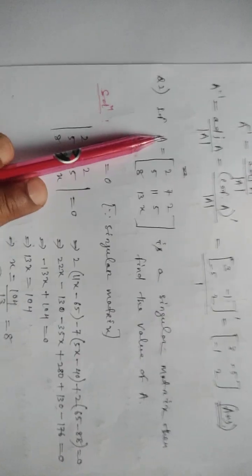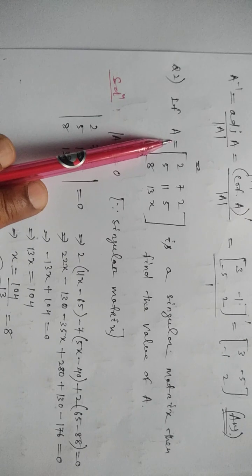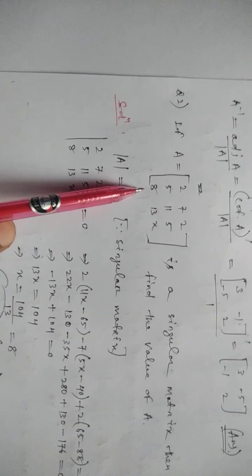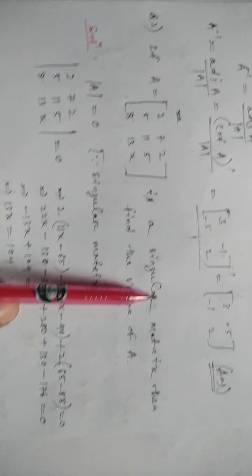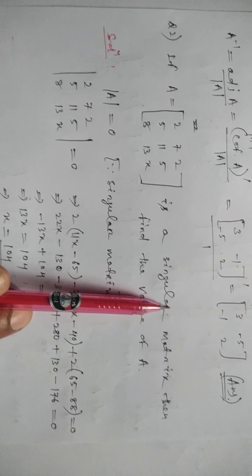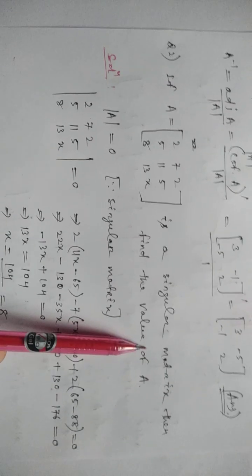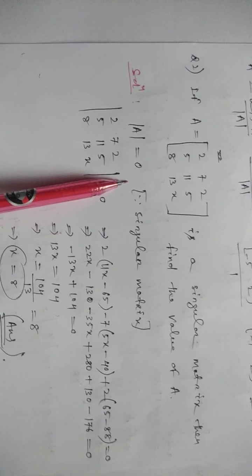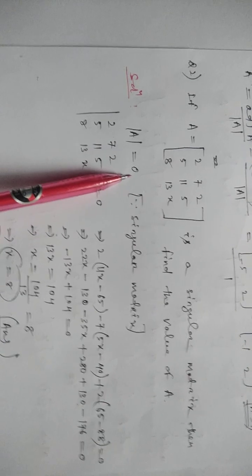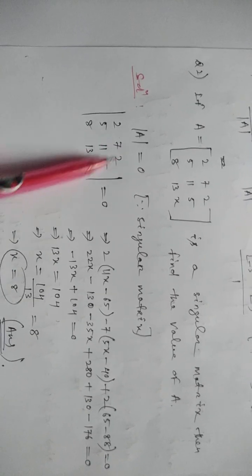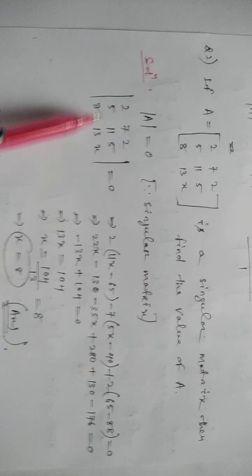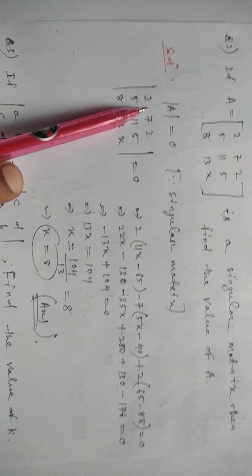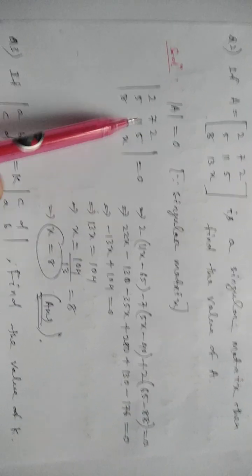Another question, second. A matrix A is given as 2 7 2, 5 11 5, 8 13 x, is a singular matrix. If this matrix is a singular matrix, then find the value of x. So if this is a singular matrix, its mod should be 0. So first find the mod of this matrix. You just know how to solve the matrix.